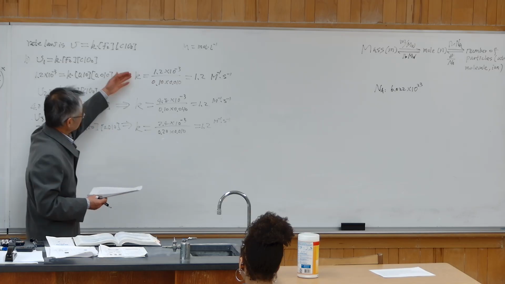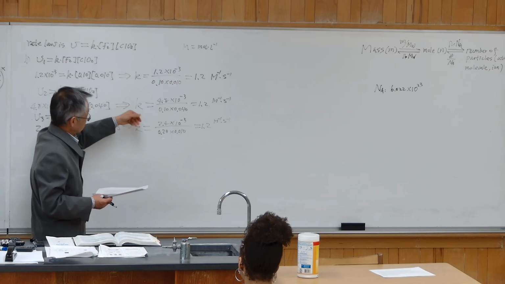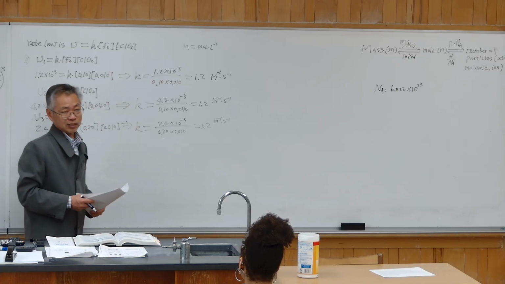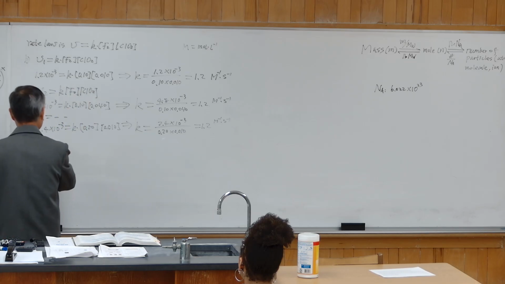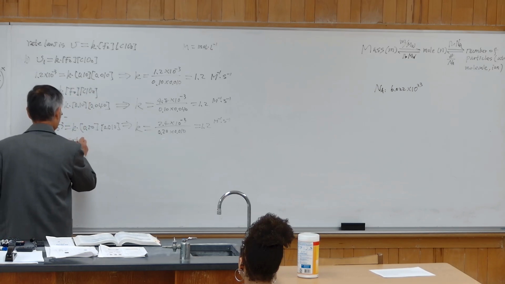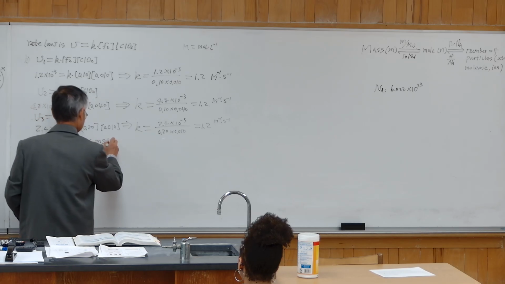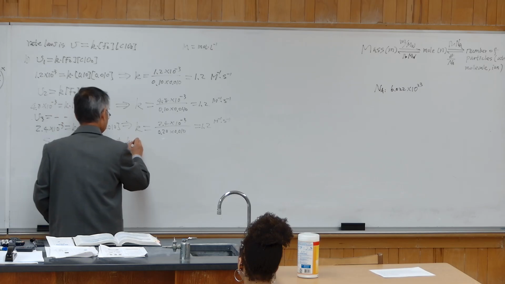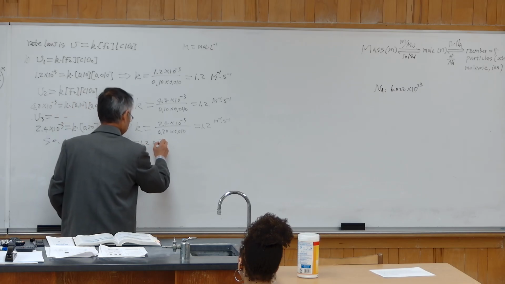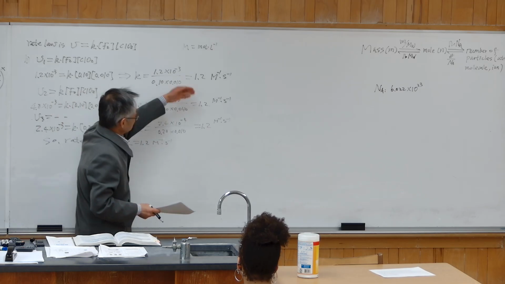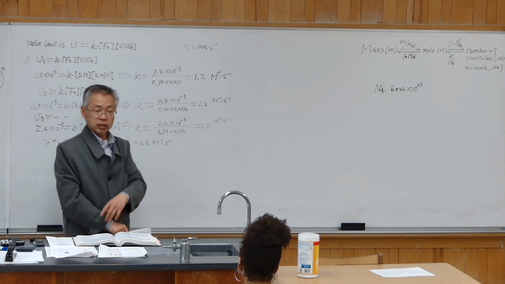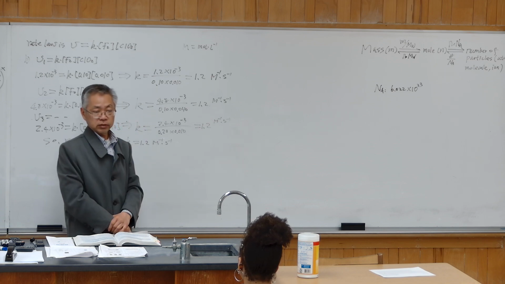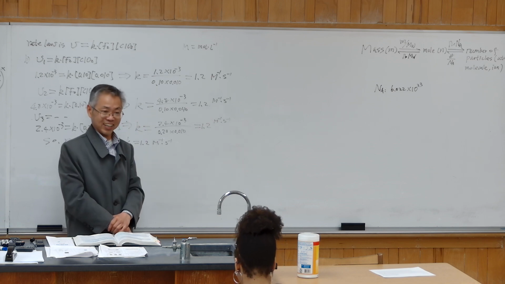So since this rate is the same, then the average is still this value, right? So rate constant k is 1.2. If these three calculations are not exactly the same, then you need to calculate the average and report the average k.